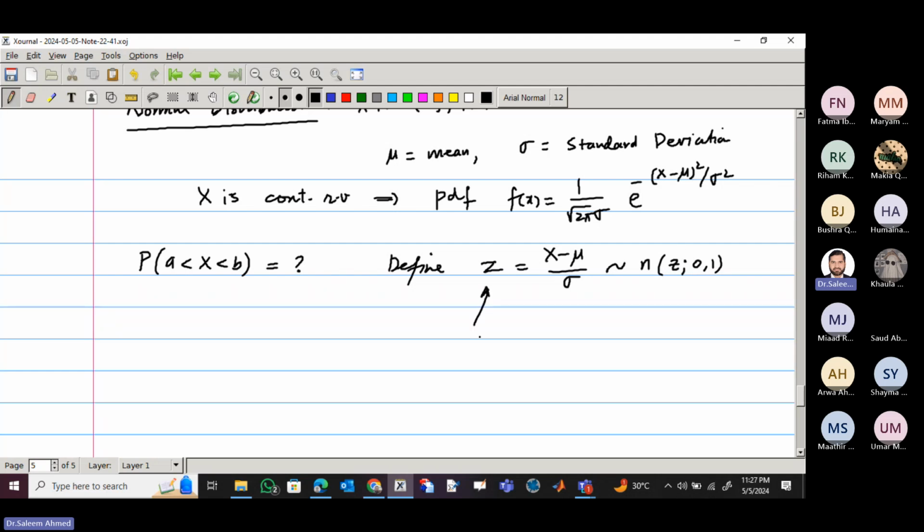This is what we call the standard normal variable. X is a normal variable, Z is a standard normal variable. Sometimes they call it the standardized normal variable.